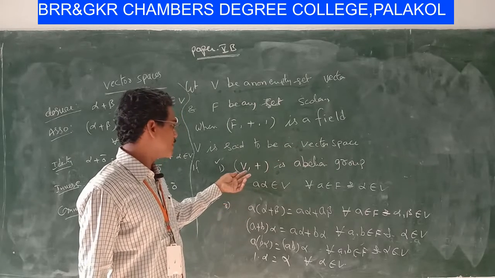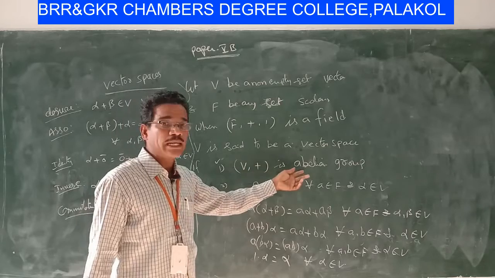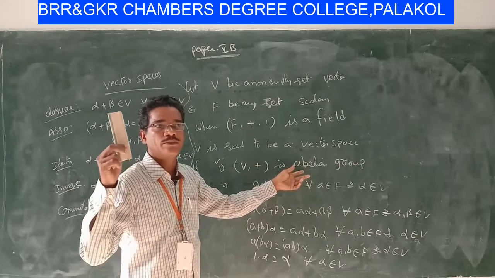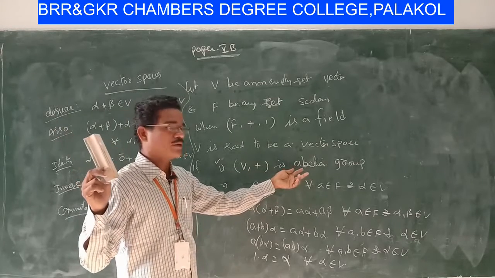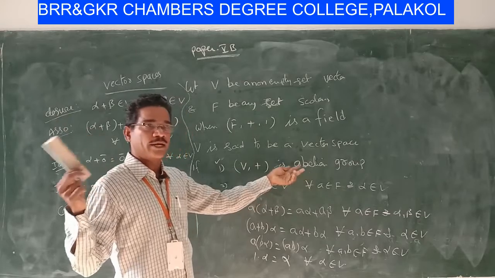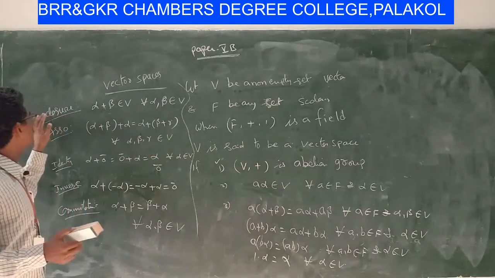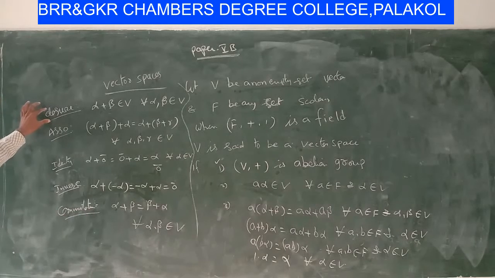Then the first one, V, plus is abelian, already defined above. Abelian means closure, associative, identity, inverse and commutative. First of all, closure.